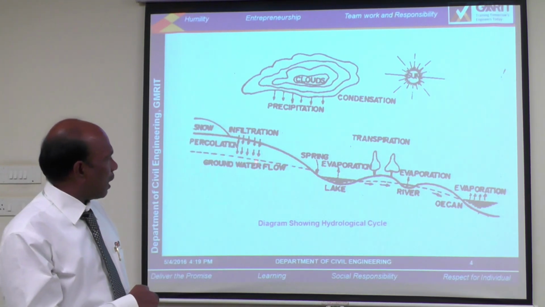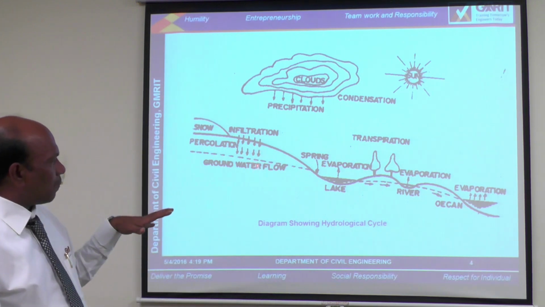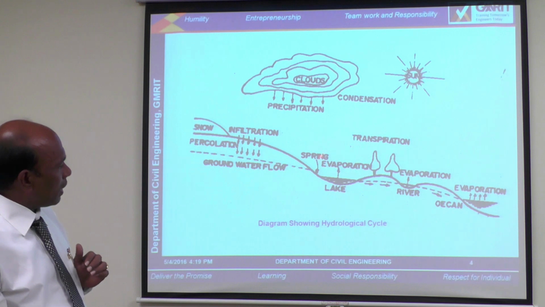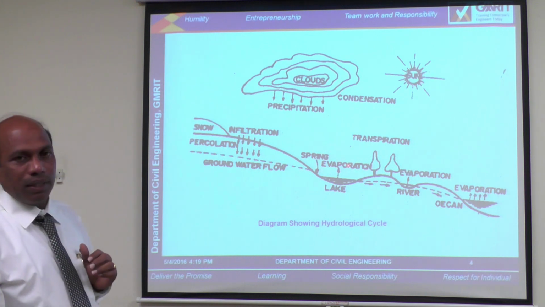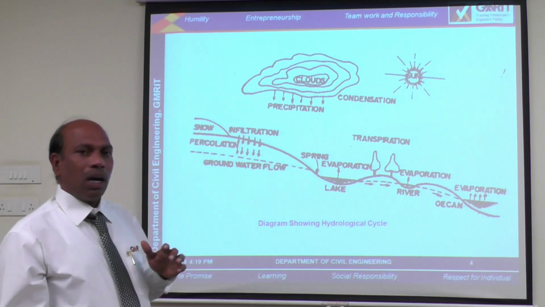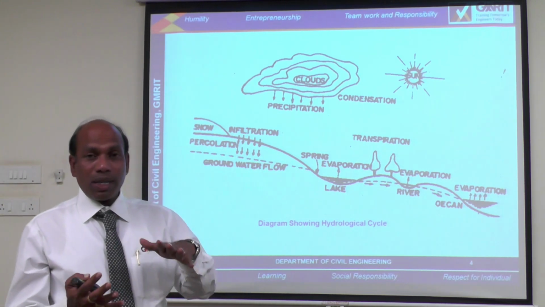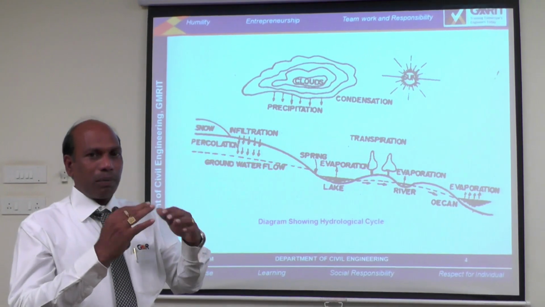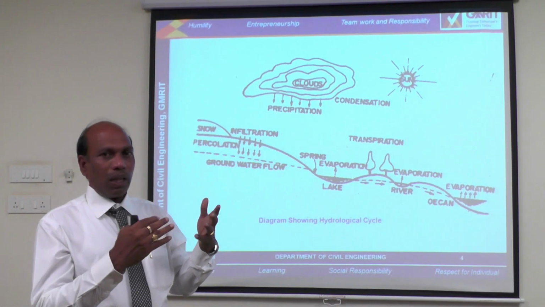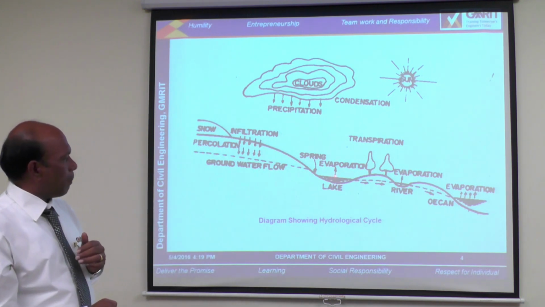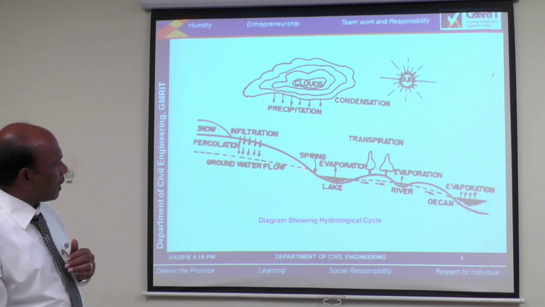Once this confined aquifer flows between two impervious layers, a spring forms. Where the aquifer is unconfined, that means one side is an impervious layer and the other side is exposed to the atmosphere, that is open, the water flows in the downward direction only because of gravity. There is no spring formation.